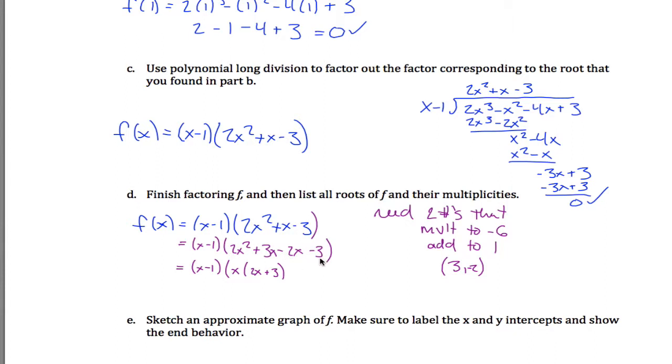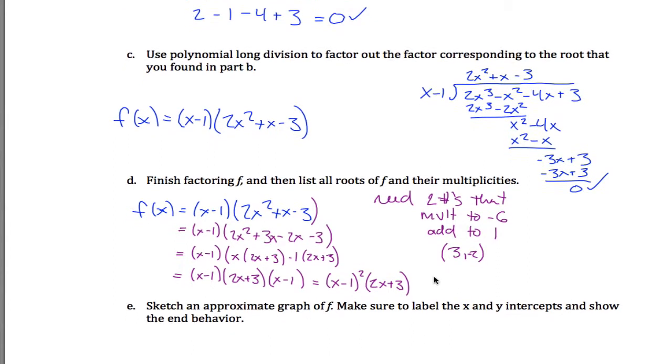And then we want to be left with 2x plus 3 here, so we have to factor out a negative 1. And what that gives us is a 2x plus 3 in both of these terms. So we can pull that out, and we're left with just x minus 1. Maybe a better way to write that would be x minus 1 squared times 2x plus 3.